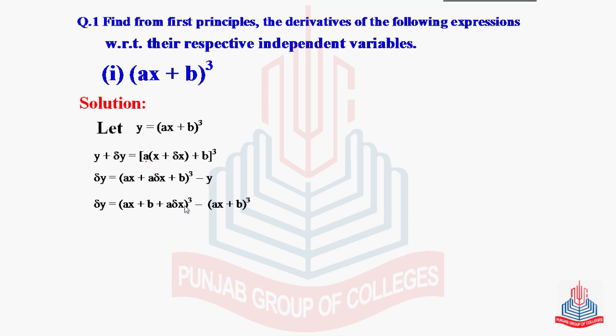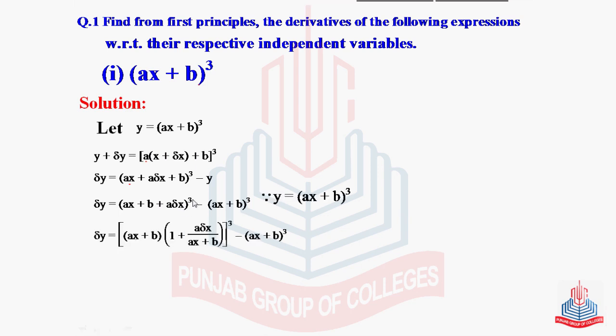As already we discussed this thing in exercise 2.1, that we have to write the delta x term separately and the expression which is without delta x separately. So that can be written as (ax + b) and the term which contains delta x, which is a delta x.